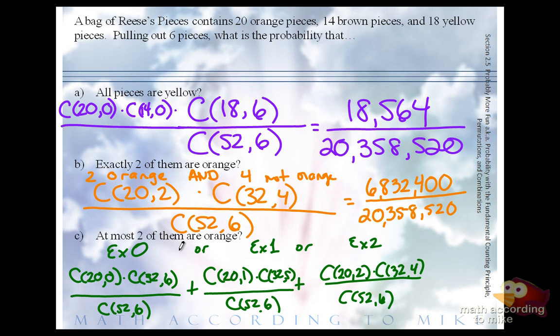So anytime, again, you hear at most, at least, less than, greater than, rewrite it in terms of exactlys. And for each case, so these are the outcomes as we discussed, you find the individual probabilities and add them up. Now we could have written this as one huge fraction and put it all over a combination of 52, 6.